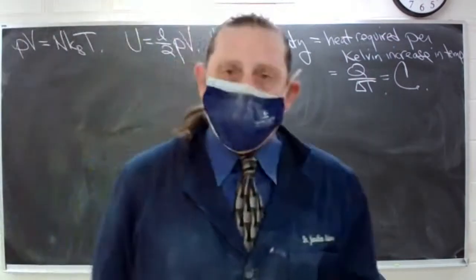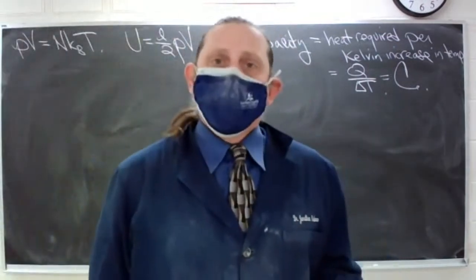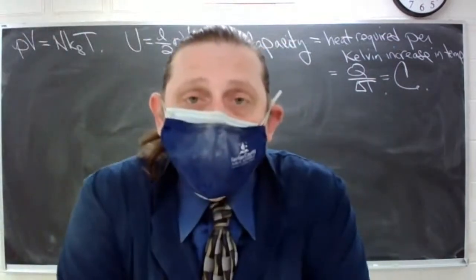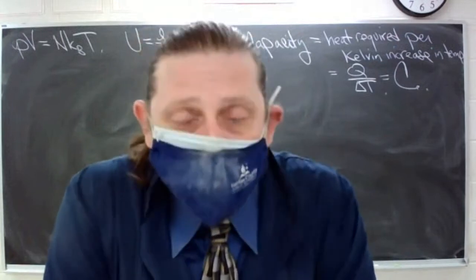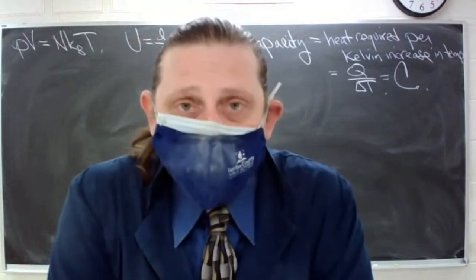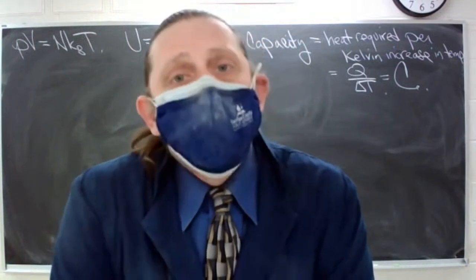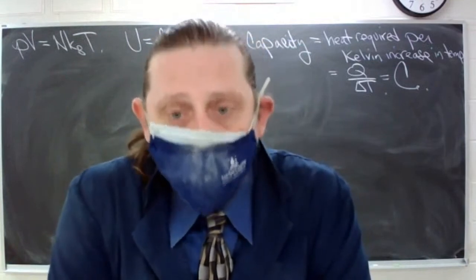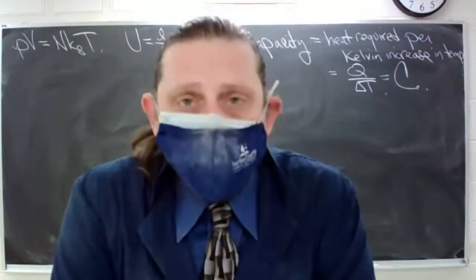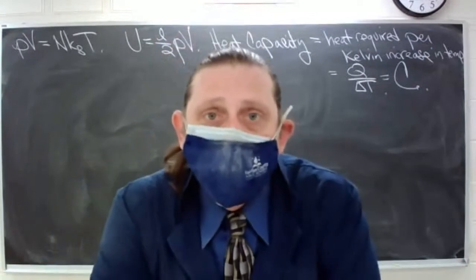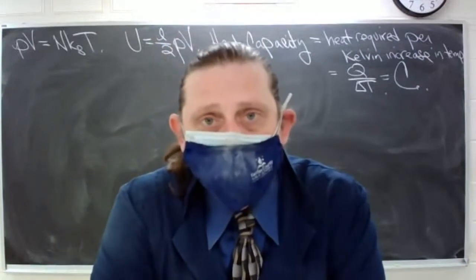All right? So for that reason, we might want a quantity that depends only on the substance. And one way that we can do that is by dividing this extensive quantity by another extensive quantity. The choice that's often made is the mass.